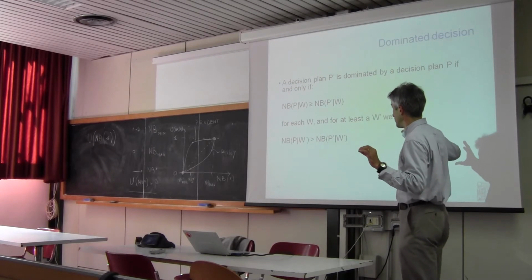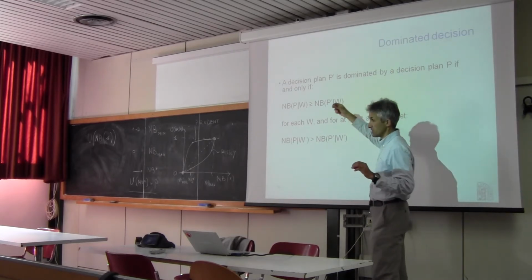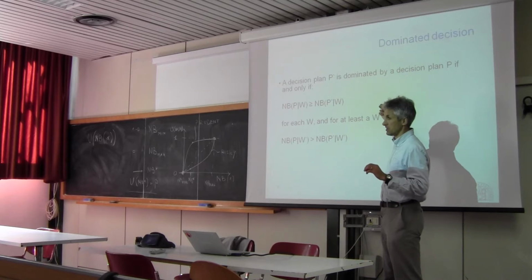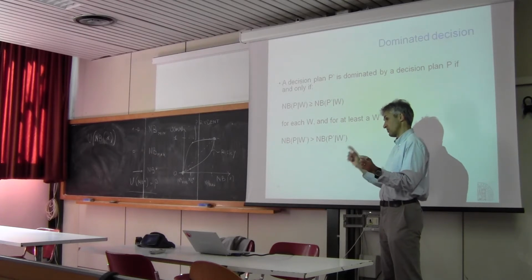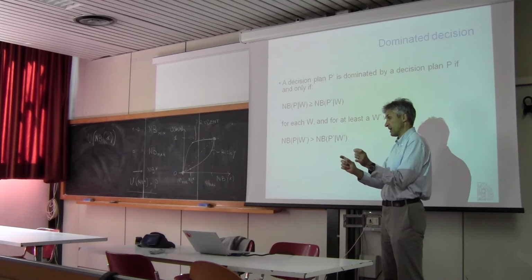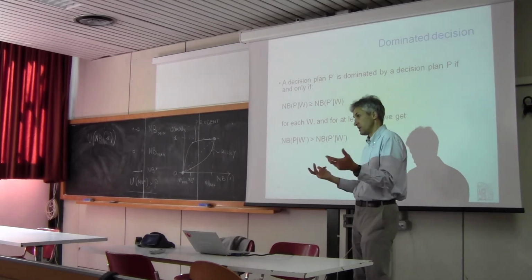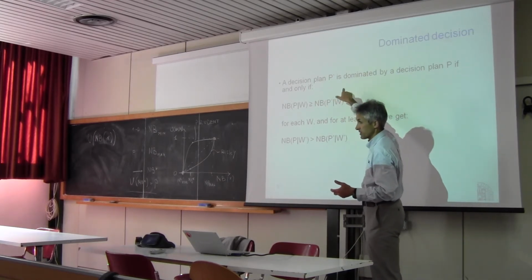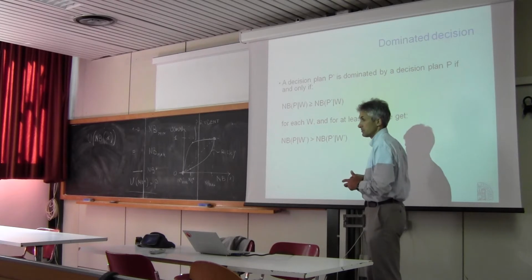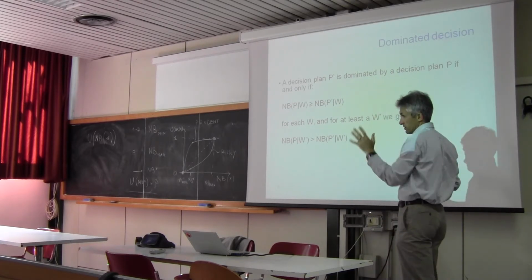And therefore my decision plan P is just corresponding to X according to the previous case, because you remember that the decision plan is the vector of the decision variables. In this case, the decision variable is just 1, so the decision plan is coincident with the decision variable. So I could have put capital X there instead of capital P. But this is more general.